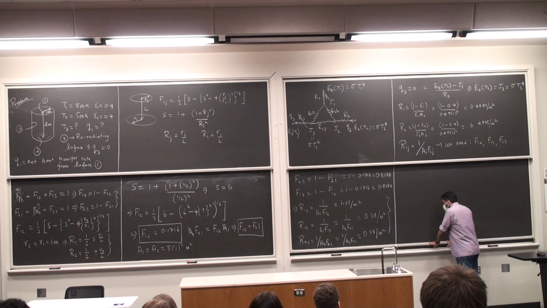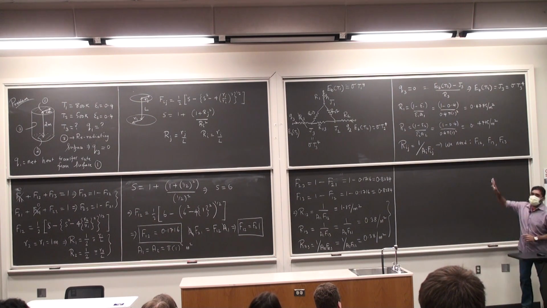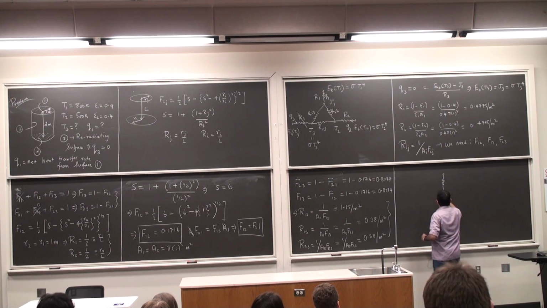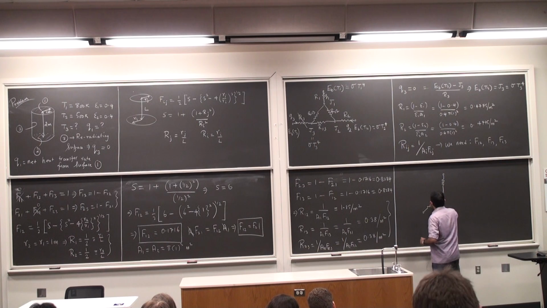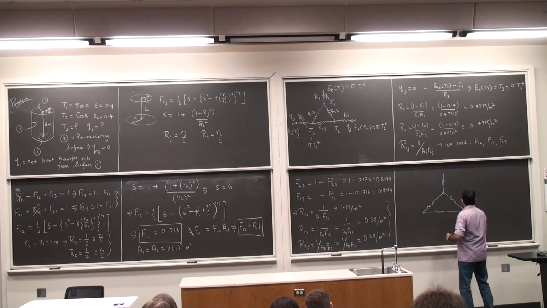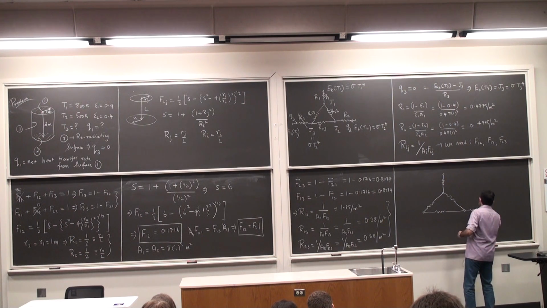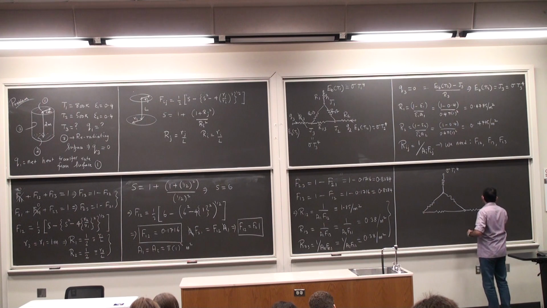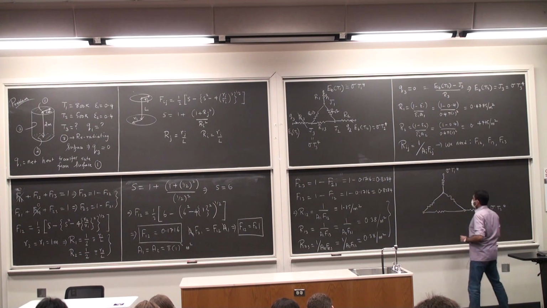Alright. I'm going to redraw the network here, you don't need to. This is sigma T1 to the power 4, sigma T2 to the power 4.